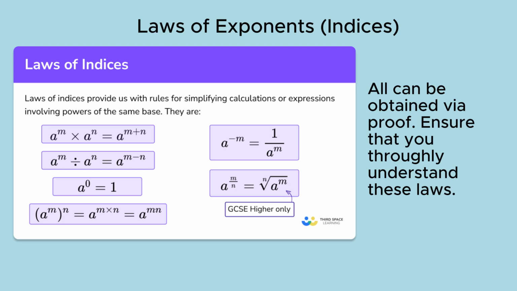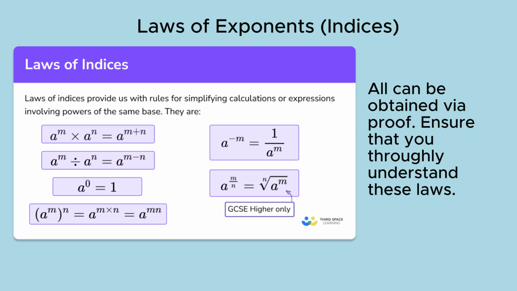As such, all of these can be attained via proof, and you need to make sure that you thoroughly understand all these laws. You can use examples like, let's just say a squared times a cube, multiplying both together and you get a to the power of 5.